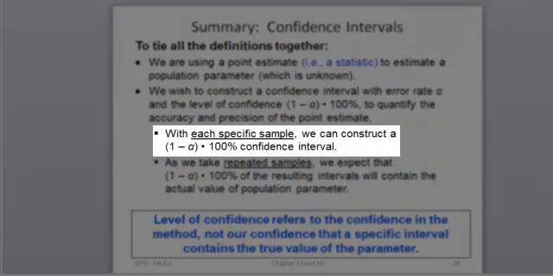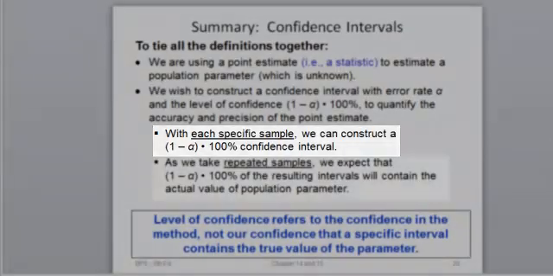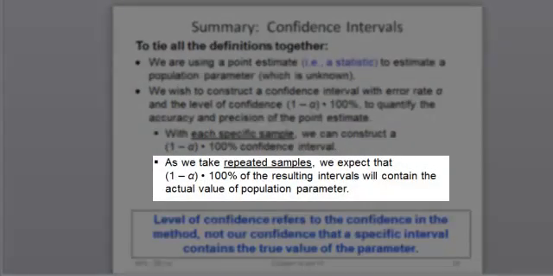With each specific sample, we can construct that confidence interval. As we take repeated samples, we expect that the confidence level percentage of the resulting intervals will contain the actual value of the population parameter.